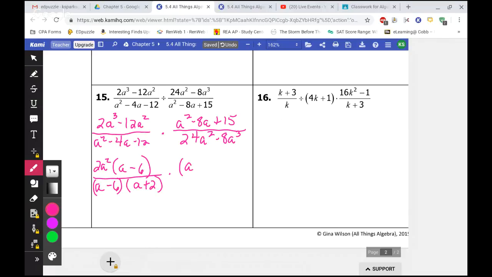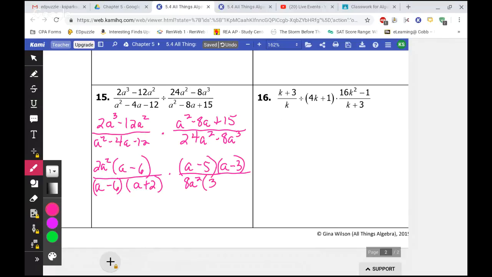Looking for factors that multiply to give me a positive 15. When I combine them, give me a negative 8. So that's going to be a negative 5 and a negative 3. And then on the bottom, I can factor out an 8a squared.